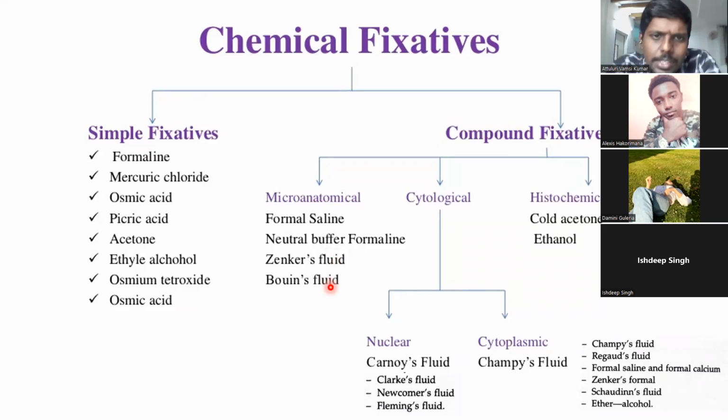Then cytological fixatives, which are used for preserving single cells. Within the cell, we have two important portions: the nucleus and the cytoplasm. In some situations we need to preserve the chromosomes within the cell for karyotyping, to study the number of chromosomes, because we have euploidy and aneuploidy conditions like Klinefelter syndrome, Down syndrome, and Edwards syndrome.